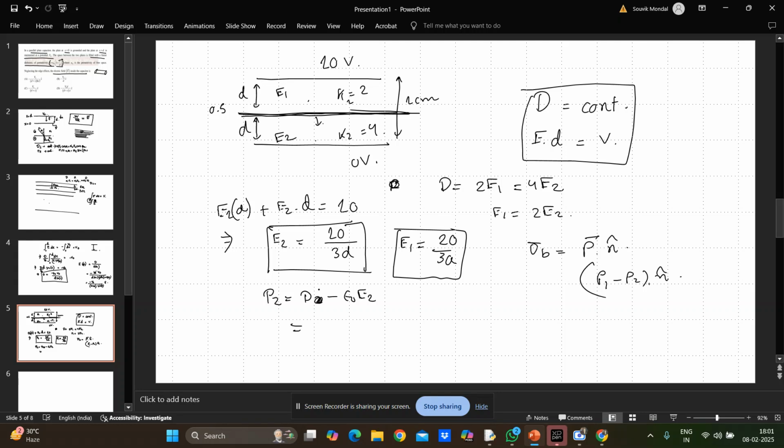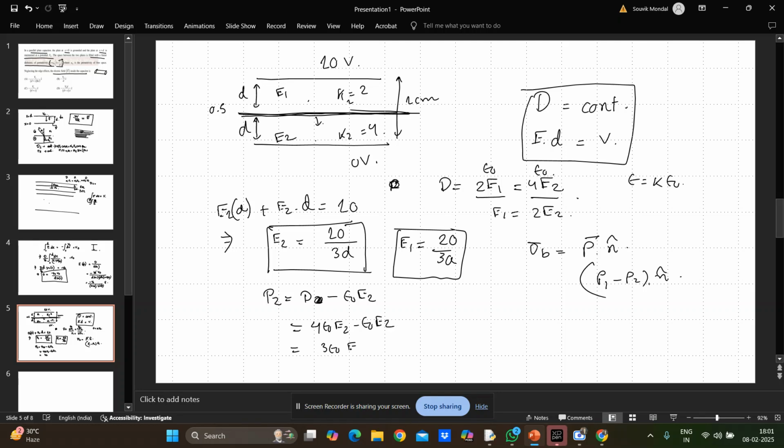And what is D? D is 2 epsilon naught E1, which is equal to 4 epsilon naught E2, because epsilon is equal to K epsilon naught. So 4 epsilon naught E2 minus epsilon naught E2, that is 3 epsilon naught E2.